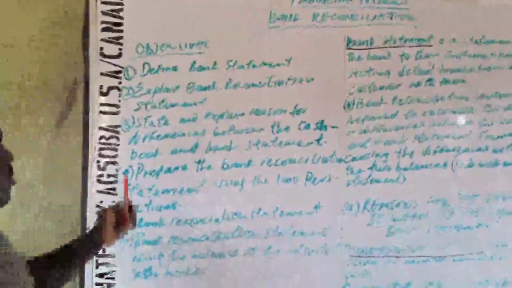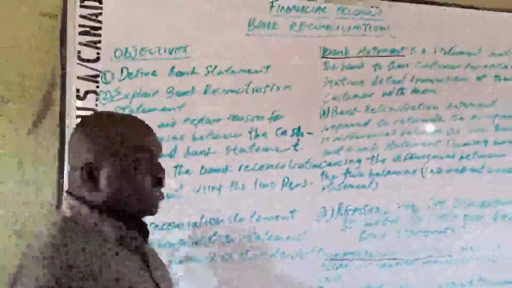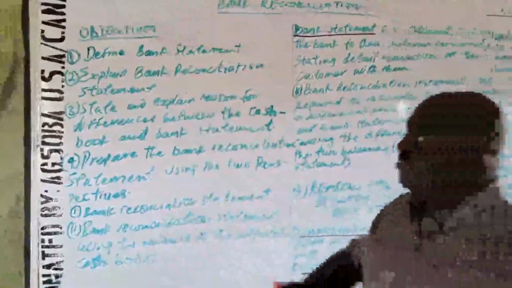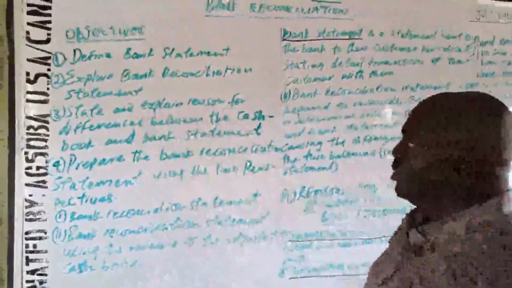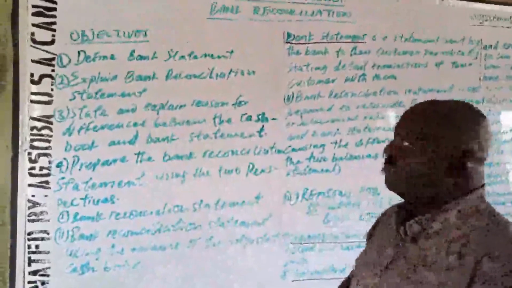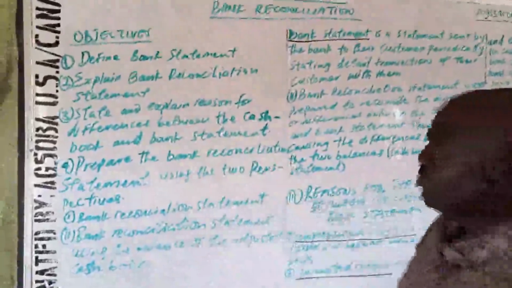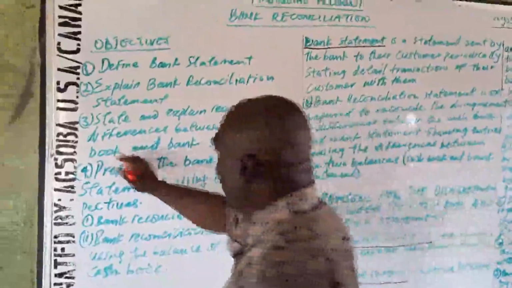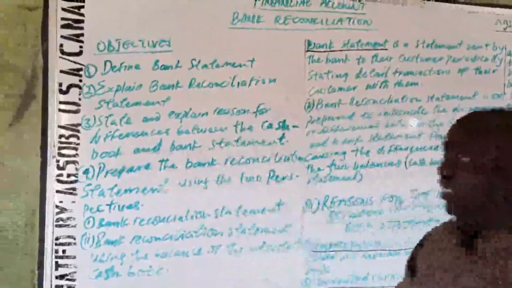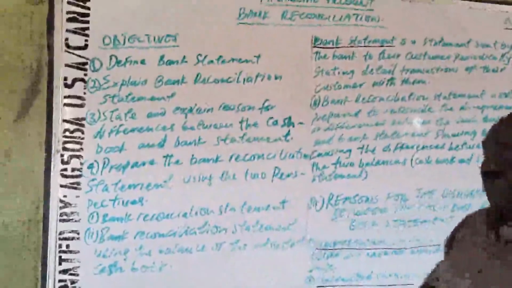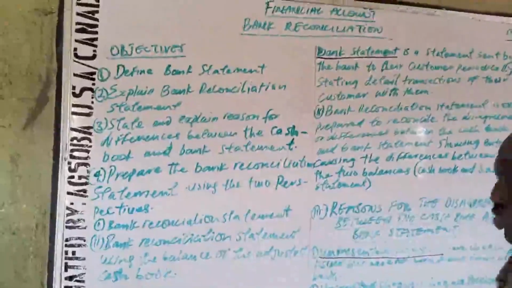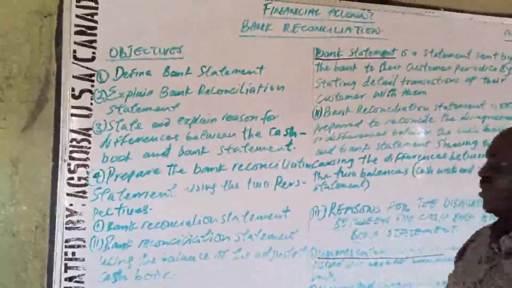Two, the student must be able to explain what a bank reconciliation statement is. Three, they should be able to state and explain the reasons for the difference between the cash book, that is the bank column, and the bank statement. And four, you should be able to prepare the bank reconciliation statement using the two perspectives.